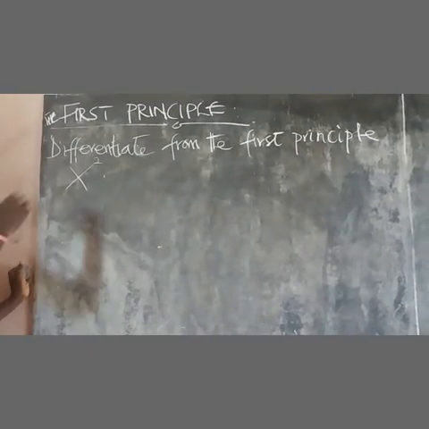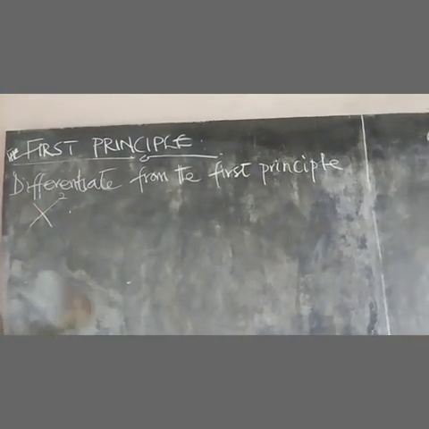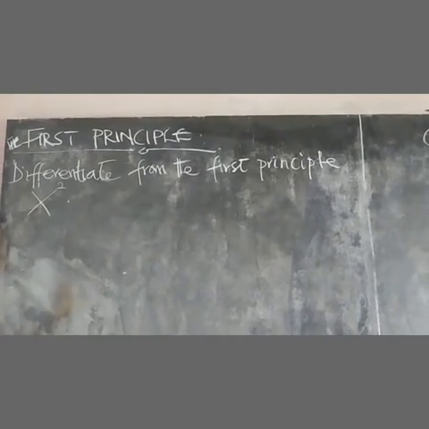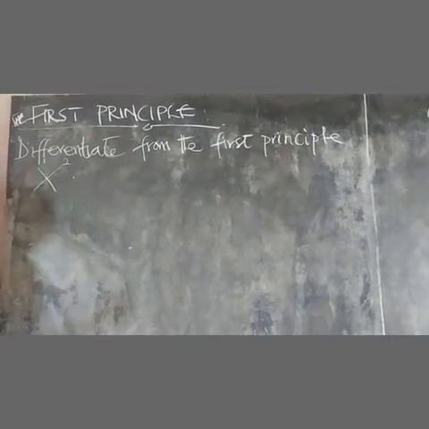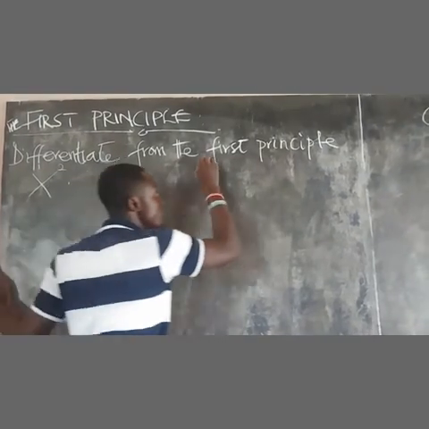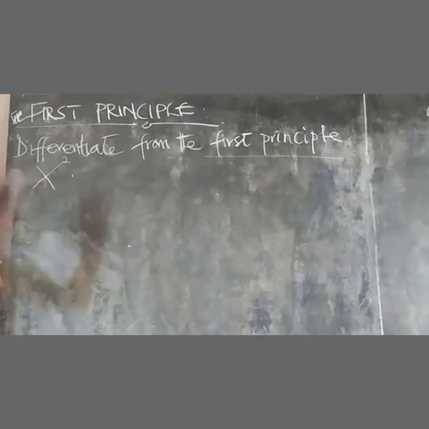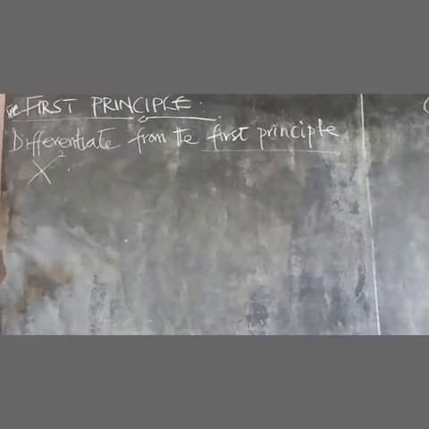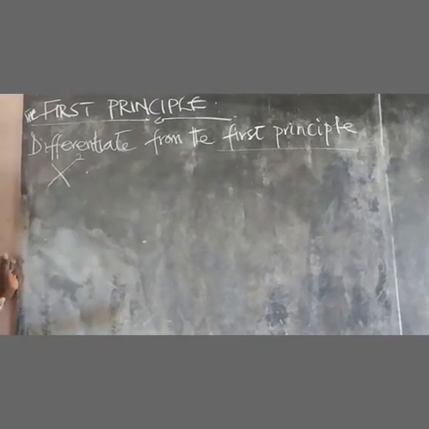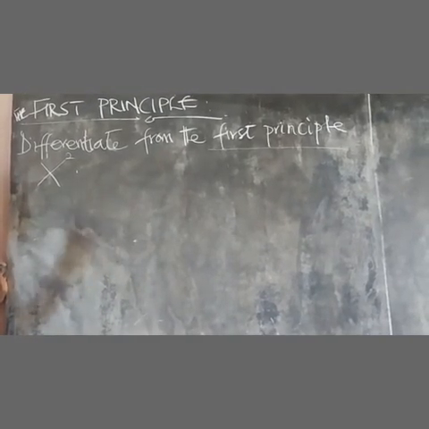Alright, so we have to differentiate x squared using the first principle. Whenever you are asked this type of question, once you have been limited to use the first principle, you have no option than to use the first principle. I know that there are other ways that you can use to differentiate x squared, but you have been limited to use the first principle.